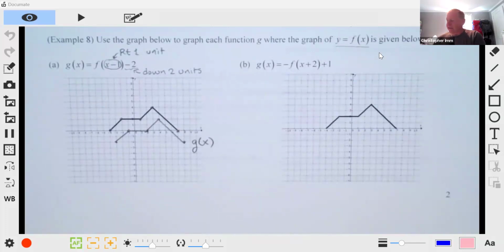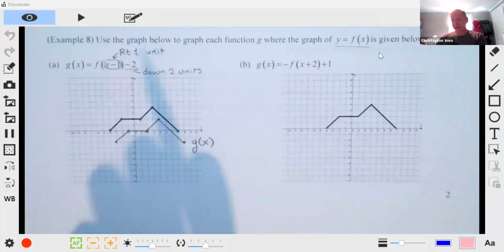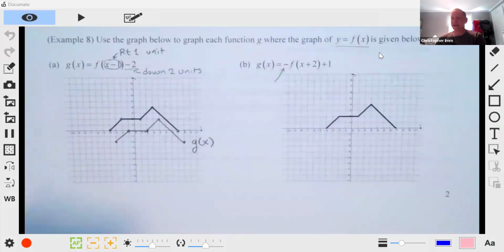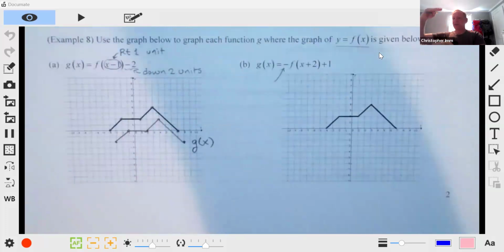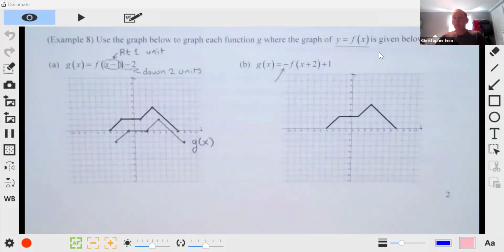Okay, so this second graph has more going on. We might have to do this one in steps, which is totally okay. We have a negative out in front, so we know that that negative is going to stretch or compress the function vertically. But here we just have a 1, so it's not going to stretch or compress it at all. It is a negative out in front of the function, though. We know that that's going to reflect it about the x-axis.